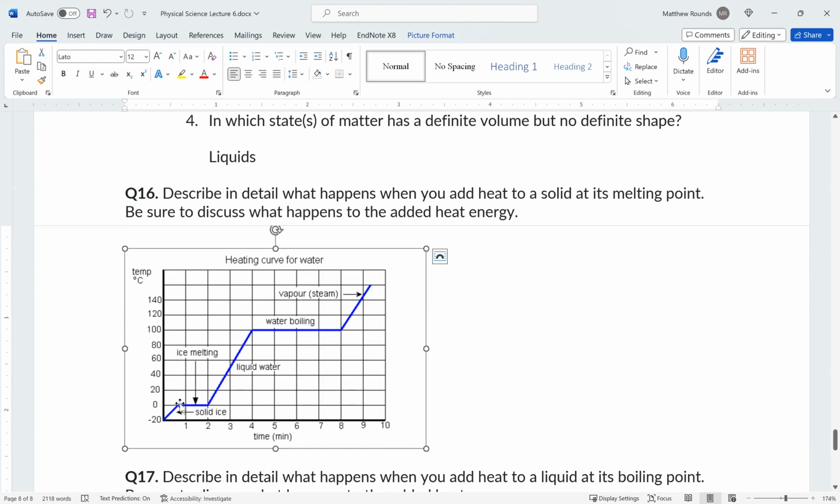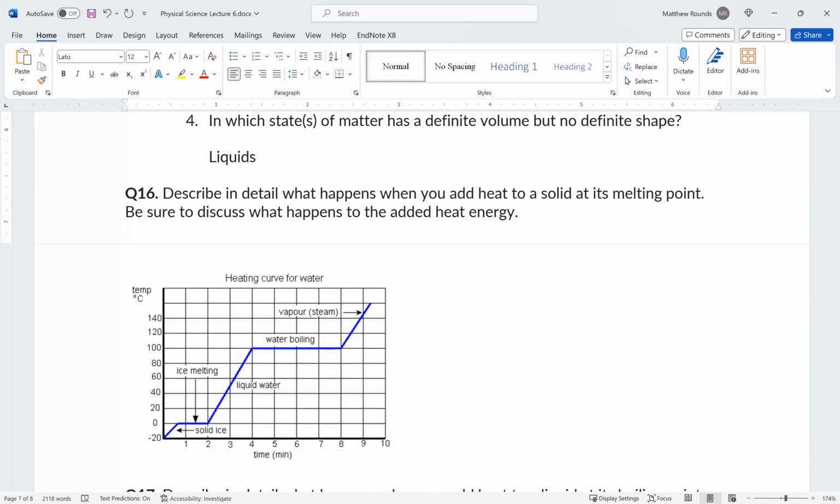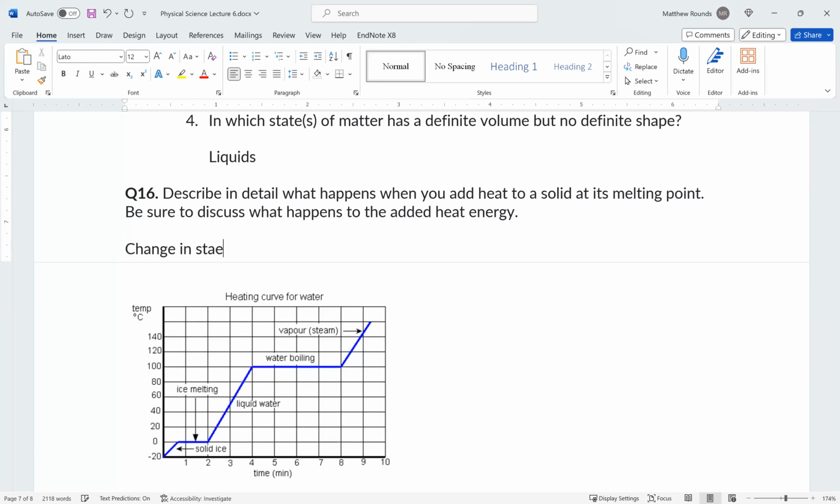And then slowly the state changes altogether. So in the answer, they're looking for you to talk about the change in states from solid to liquid, ice melting, and also that the temperature does not change.